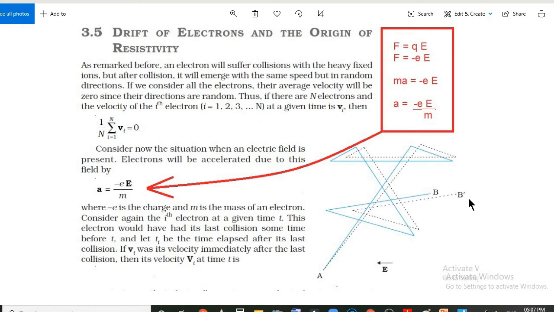But from this example, you can understand that the movement of an electron is not so easy as you thought. Always the electrons will undergo lots of collisions, and each collision will only help to reduce its speed. I mentioned in one previous example, while you are running, you gain speed.